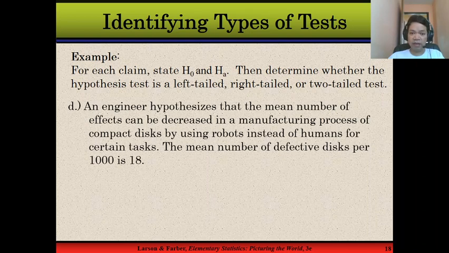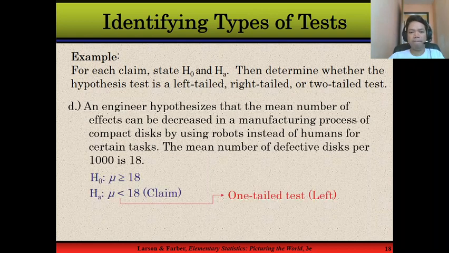Magdi-decrease daw sa 18. Okay, so that will be your alternative hypothesis. Ibig sabihin ng decrease, mababawasan less than 18. So, siya yung alternative. Ano yun? Null. Greater than or equal sa 18. Okay, dahil nandito yung symbol na less than, so this is a one-tailed test, left ulit.